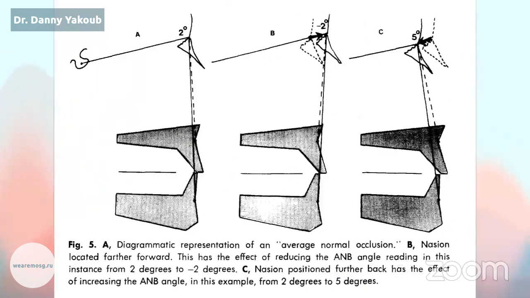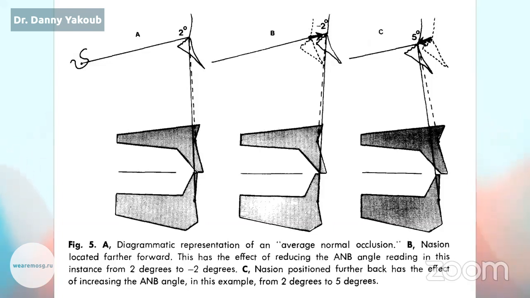So here, let's take a look at what happens to the ANB angle when point N moves forward. The first diagram is an average normal occlusion with an ANB angle of 2 degrees, which is normal: class 1 skeletal and class 1 dental.